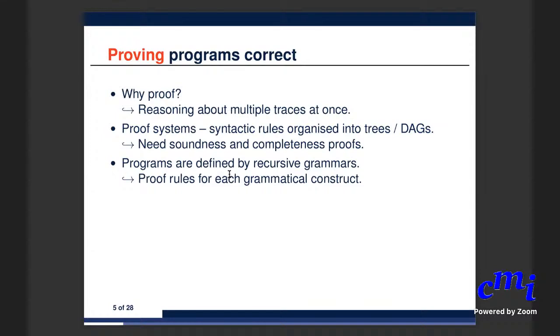Now, just like programs are defined recursively using grammars, the inference rules that belong to this proof system will be defined inductively using the grammatical structure of programs.